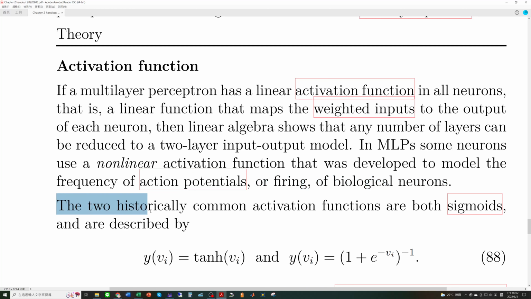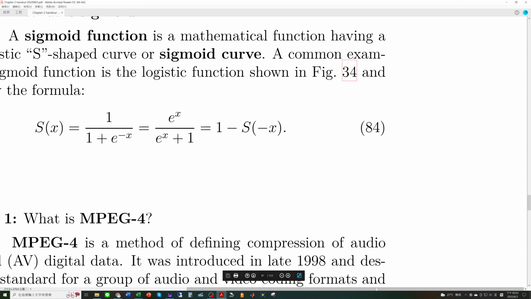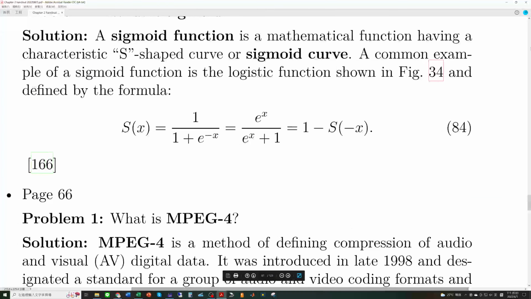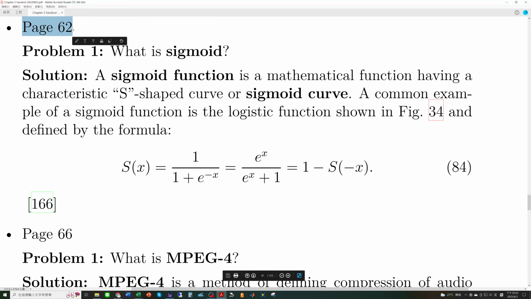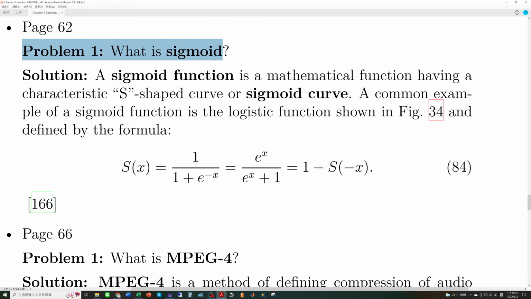I will introduce what action potentials are later. The two historically common activation functions are both sigmoids. I have already introduced what sigmoids are before. If you forget, you can click on this hyperlink, and this handout will jump to here, page 62, problem 1: What is sigmoid?